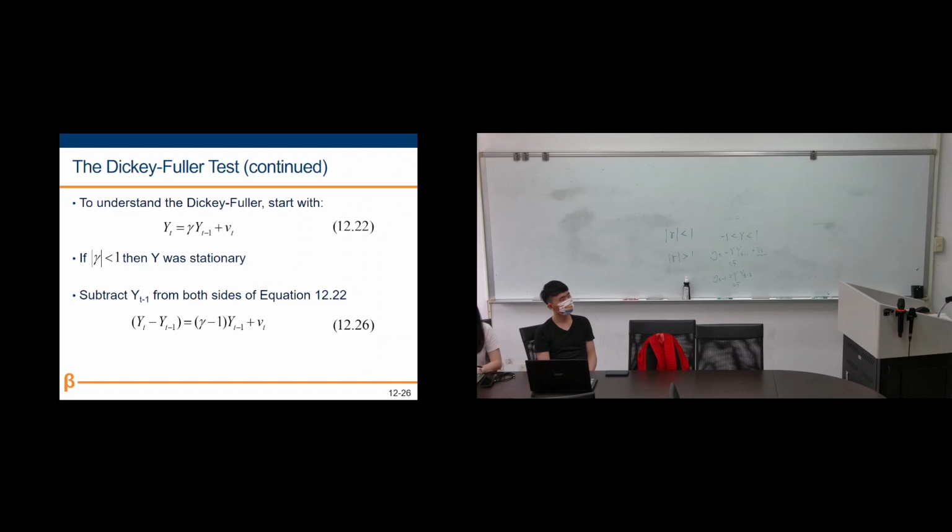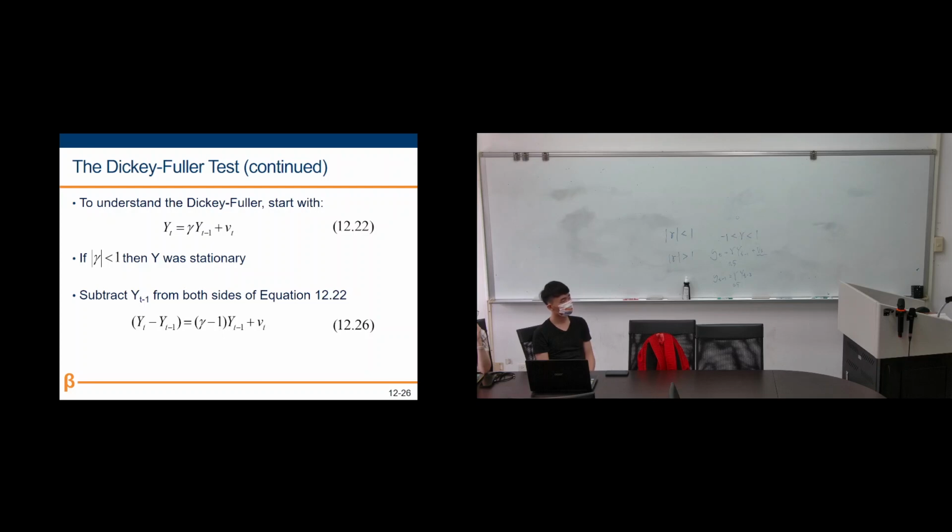For business students, you don't have any problems with this. No, right? Just using 12.22 and subtracting y t minus 1 from both sides. Therefore this one becomes the term, and since before we had gamma, now it is gamma minus 1. So we express 12.22 as 12.26.